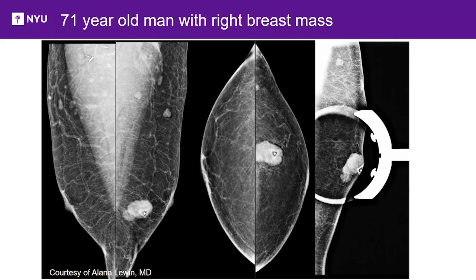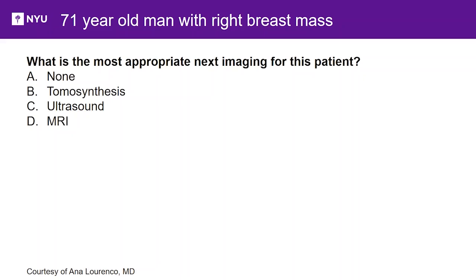So this is the next question. In this gentleman, now that we've performed the mammogram, what is the most appropriate next imaging exam for this patient? Is it none? Is it tomosynthesis? Is it ultrasound or MRI? The answer here is choice C, ultrasound.